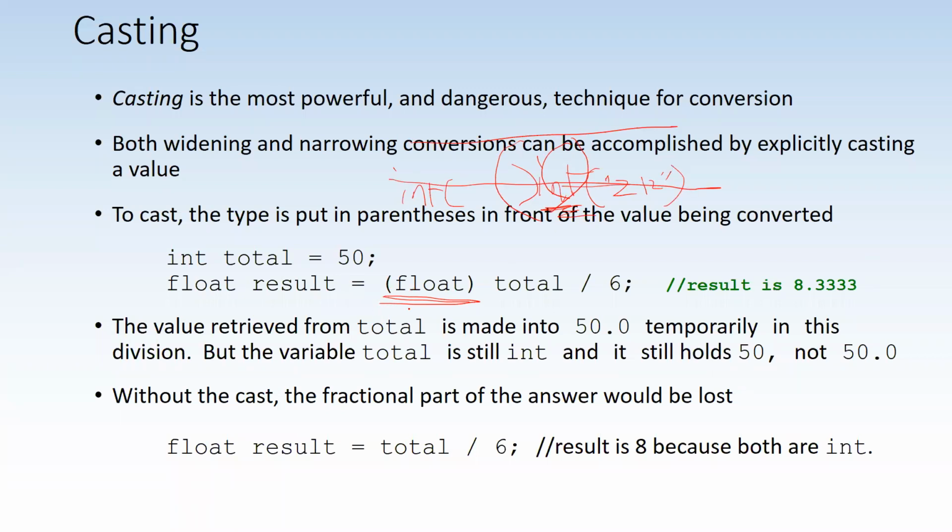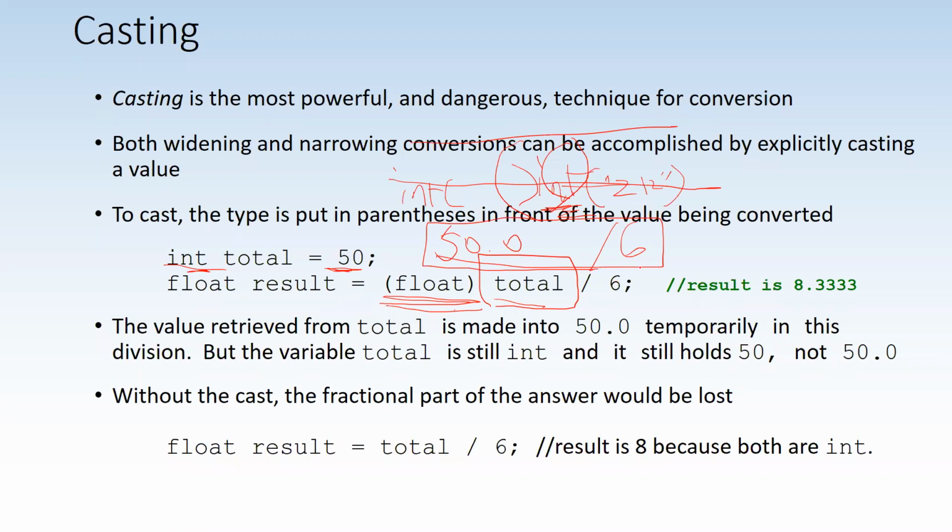Okay, so here, this is saying cast this total into a float, convert it into a float. So total is an int, and it has the value of 50. So convert it to a float. We say cast it into a float. Now you have 50.0. Divide that by 6. Now what's the result?